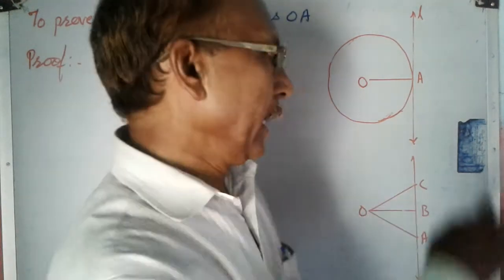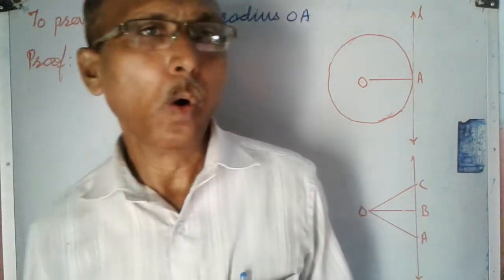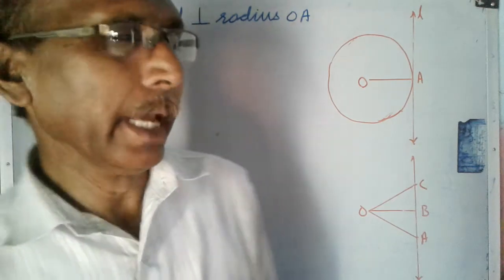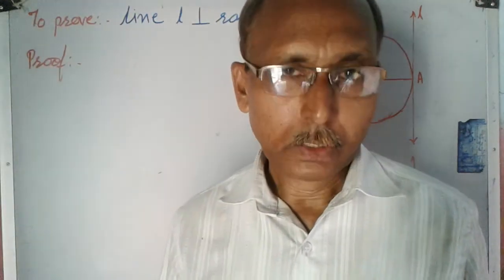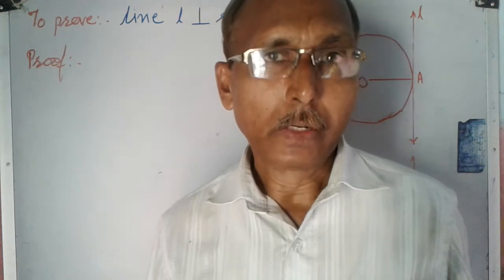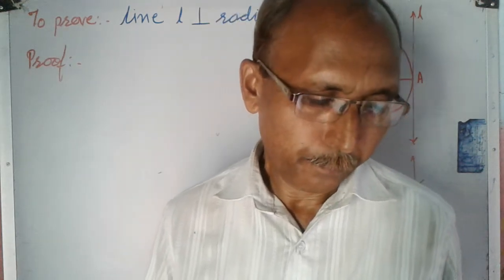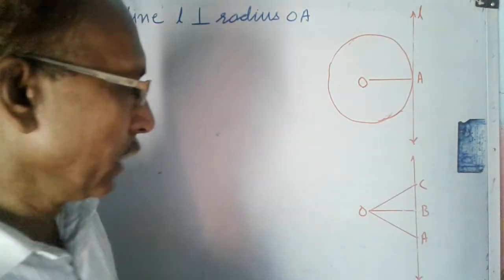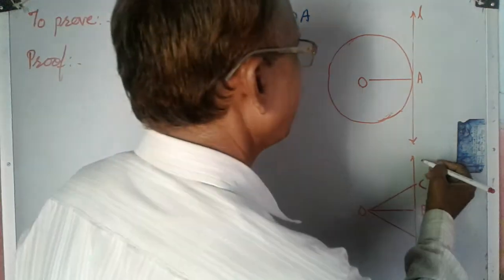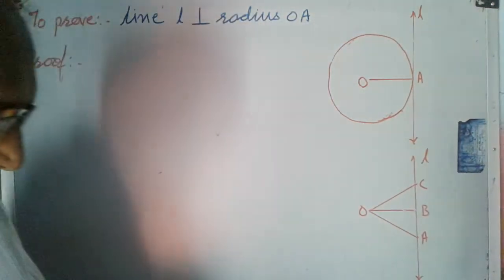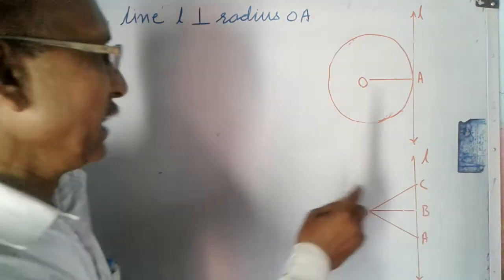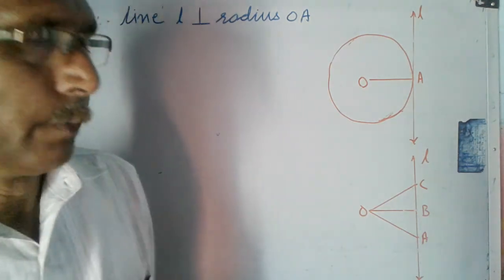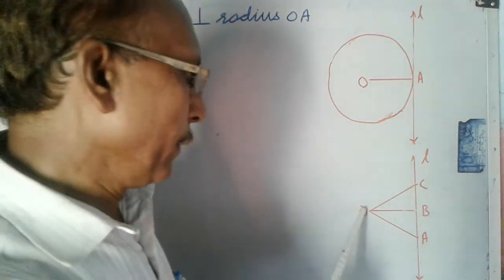Then suppose segment OB is perpendicular to this line L. If OA is not perpendicular, then another segment from O must be perpendicular, and suppose that segment is OB.